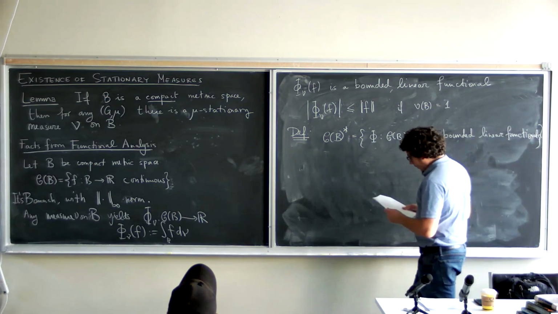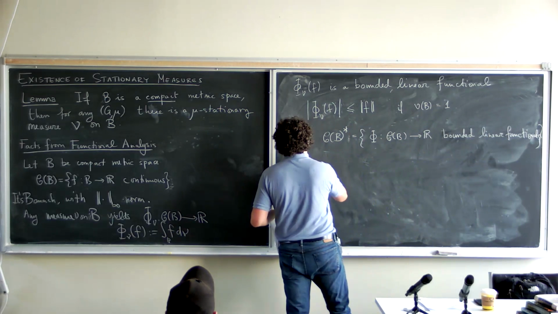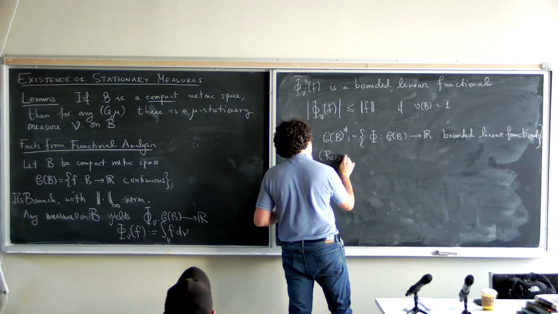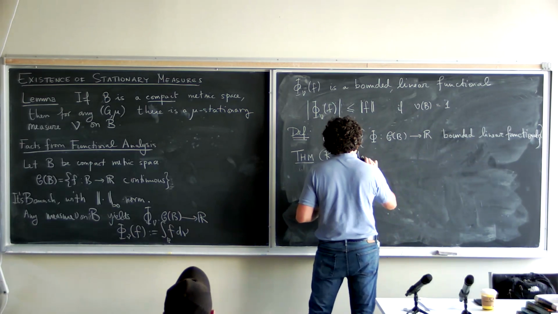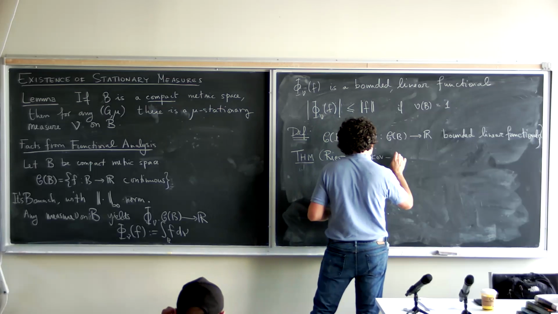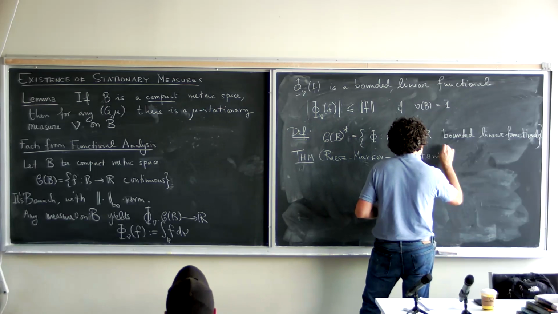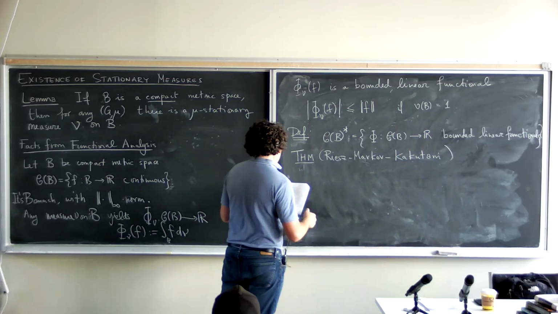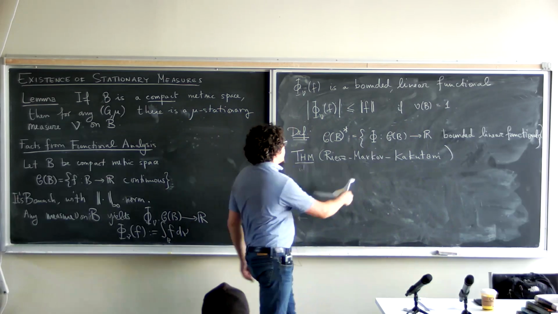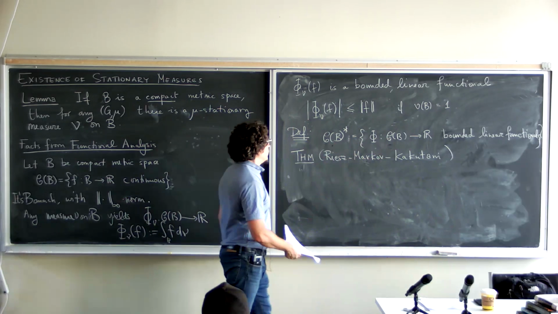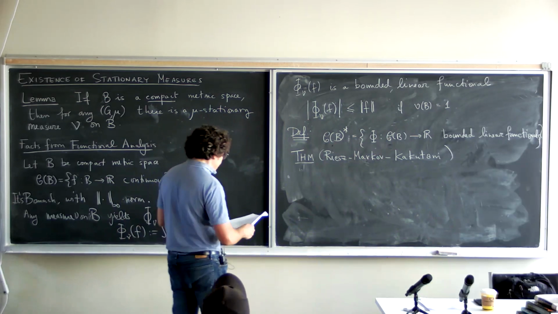And the famous theorem here is the theorem of Riesz-Markov-Kakutani, whatever. It says that indeed the space of Borel measures on a compact metric space is dual to the space of continuous functions.